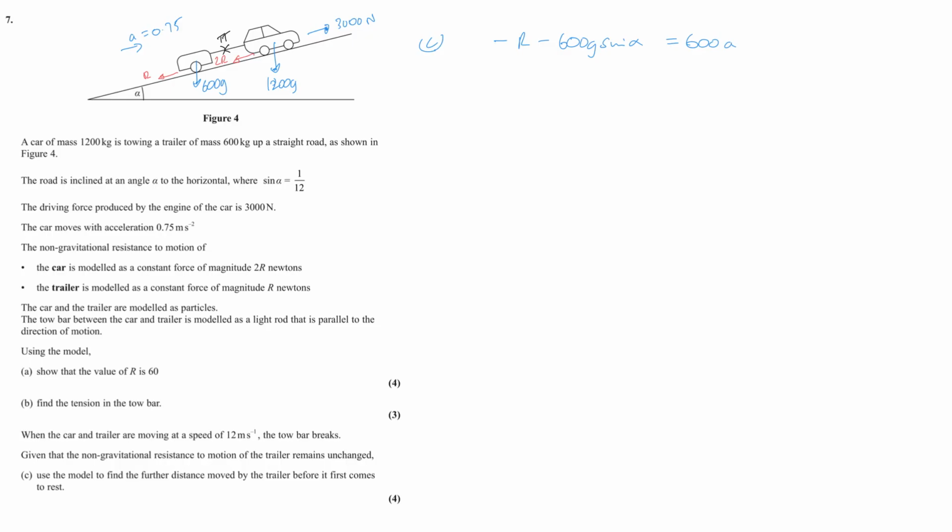So when this snapped, this acceleration changed, it became a deceleration. So we got minus 60 minus, and 600 times 9.8 divided by 12 is 490.